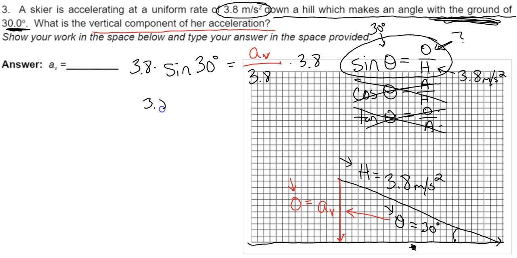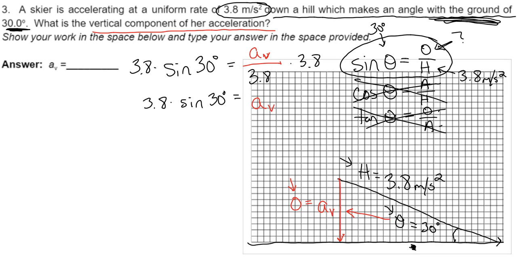So 3.8 times sine of 30 degrees is equal to our vertical acceleration. The next step is to pull out the calculator and calculate the sine of 30 degrees.